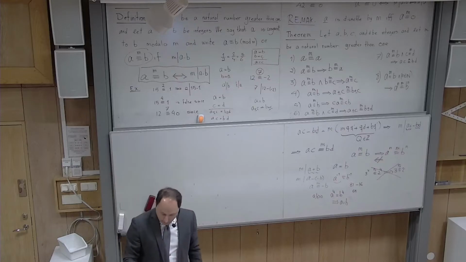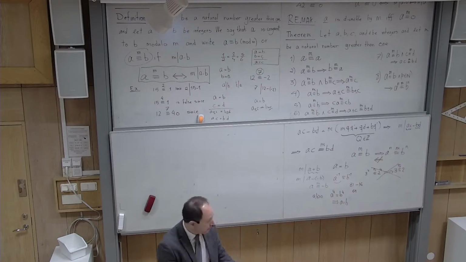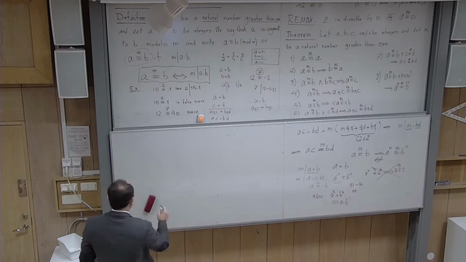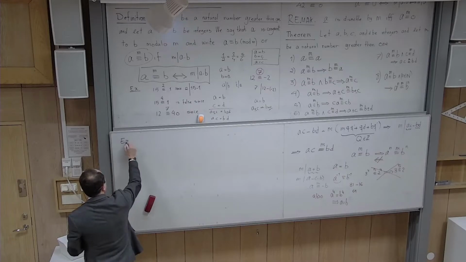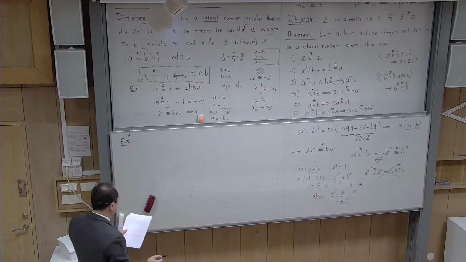Now, one thing that I want you to be very good at is to simplify things in different moduli. Let me see if I can give you an example. This is an important example, but when I say important, it means that this is something that you need to have in the back of your head when you are doing this.